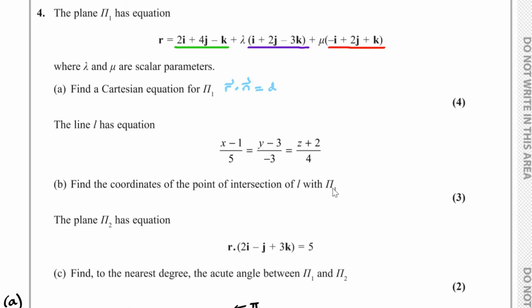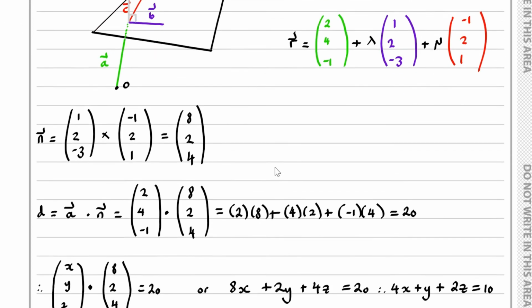And I think it's easier if we express this Cartesian equation in vector form. So we've got x minus 1 over 5 equals y minus 3 over minus 3 equals z plus 2 over 4, and this in vector form.